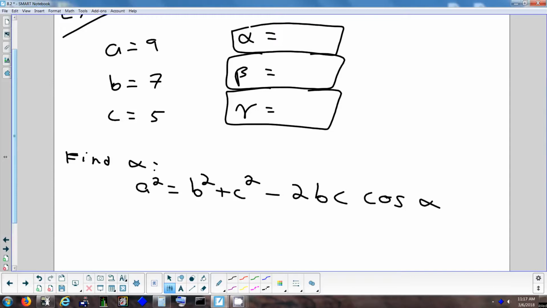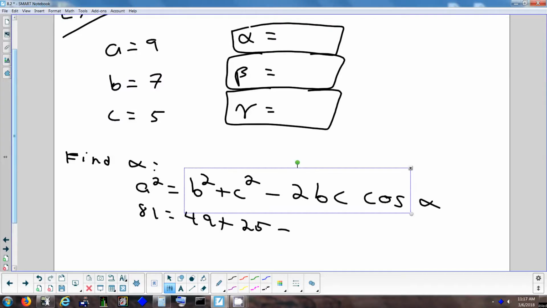A squared. 9 squared is 81. B squared. What's 7 squared? 49. 5 squared is 25. 2 times B times C. Well, let's do 2 times C first, because that's easy.